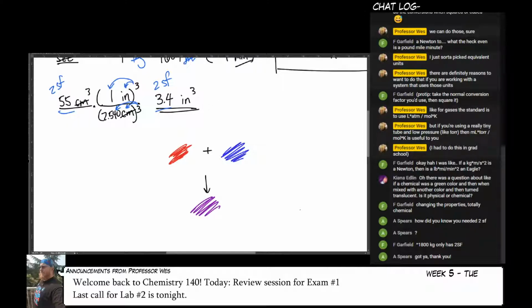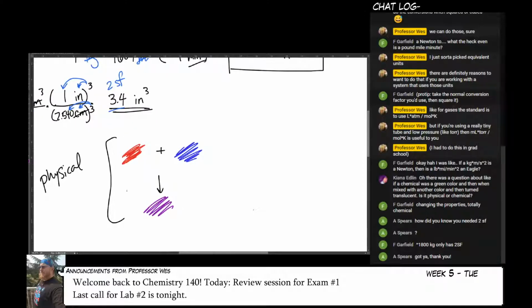Because red and blue added together make purple. So these colors would mix normally. This would just be a mixing process. Red plus blue is purple. Kind of like how if you have yellow and blue, you'd get green, right? So there are normal color mixing patterns that occur, and these would be physical processes.